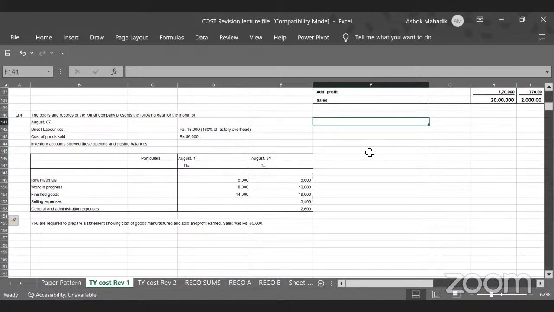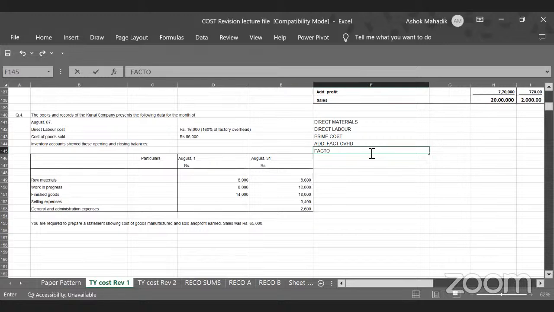So we have direct material, then direct labor. There is no mention of direct expense, so this should be your prime cost. Then we'll add factory overheads. We get factory cost.